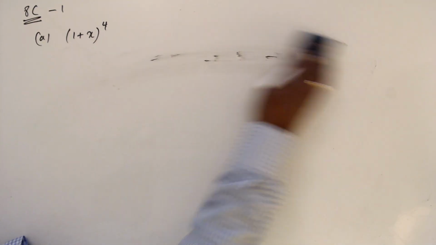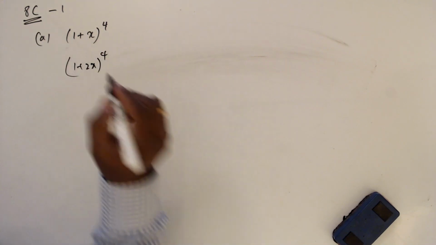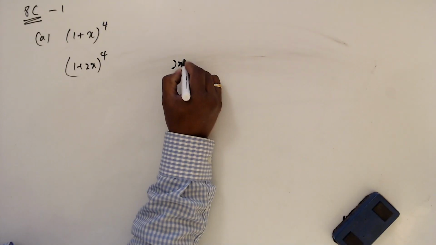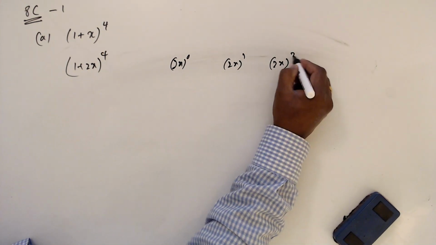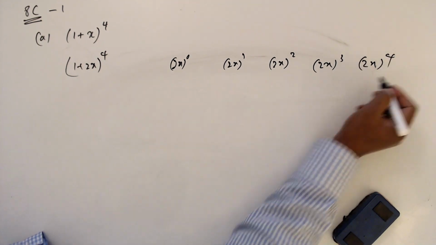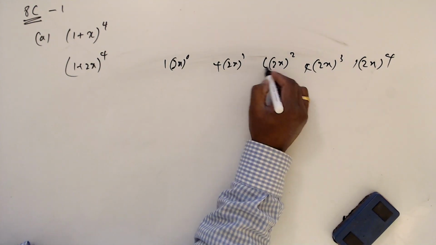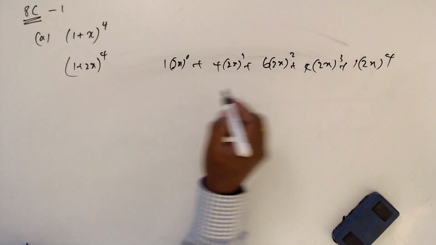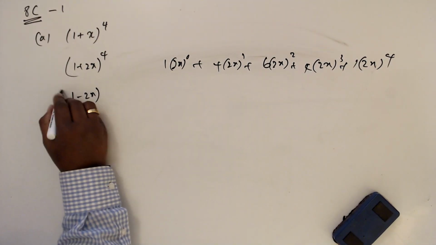Now what will happen with this kind of 1 plus 2x? Then still the 1, we don't need to worry. 2x^0, 2x^1, 2x to the power 2, 2x to the power 3, 2x to the power 4. And the coefficients are 1, 4, 6, 4, 1. What will happen with something like 1 minus 2x?